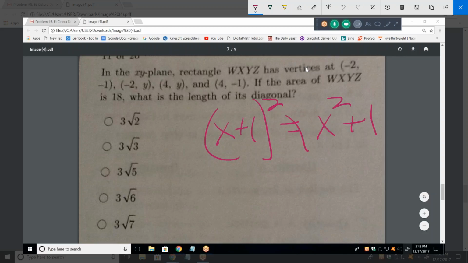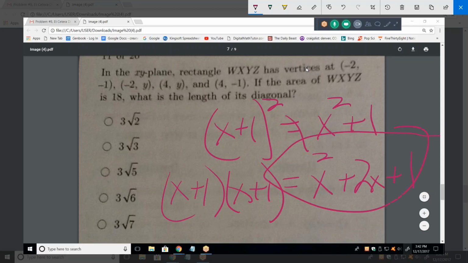You have to FOIL that. Oh, right. It's x plus 1 times x plus 1, which ends up being x squared plus 2x plus 1. That's not the same as that. I swear 90% of my students make that mistake. I've read in math books that it's the most common mistake made in algebra.